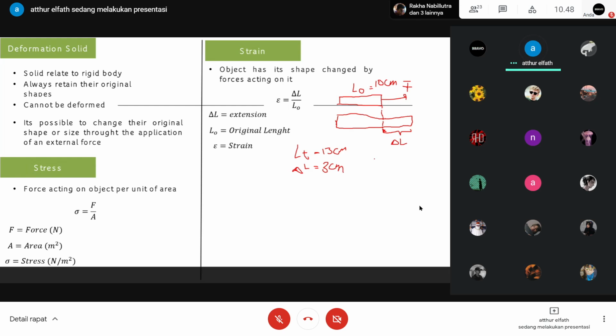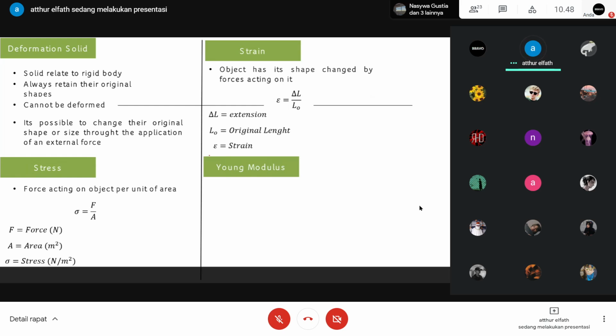I hope you can distinguish between final length and the change of length, or extension. So that's all about the strain. Remember once again that the strain doesn't have units.